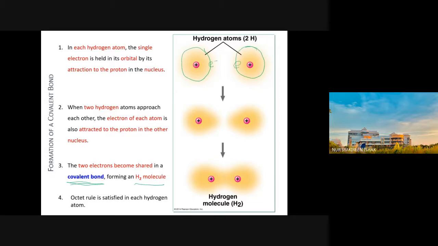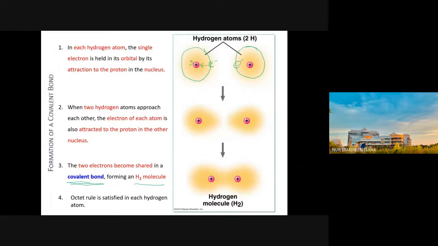In each hydrogen atom, the single electron is held in its orbital by its attraction to the proton in the nucleus. So in the nucleus of the hydrogen atom, you will have 1 proton. So the electron on the valence shell will be attracted to its proton.